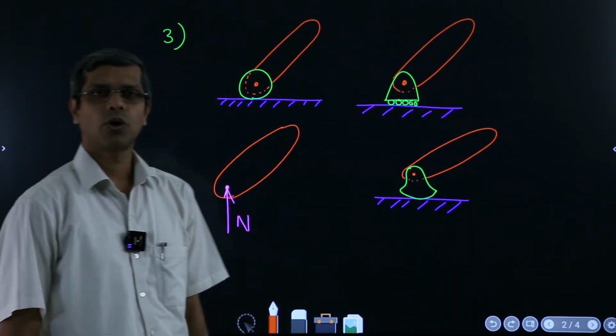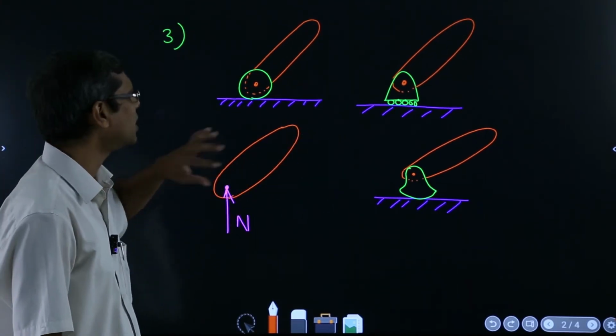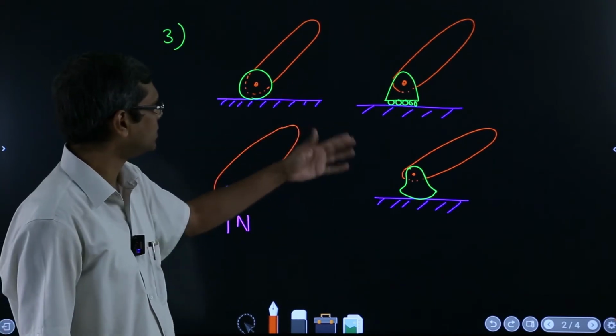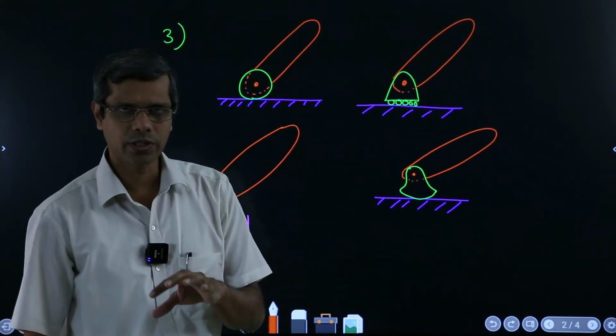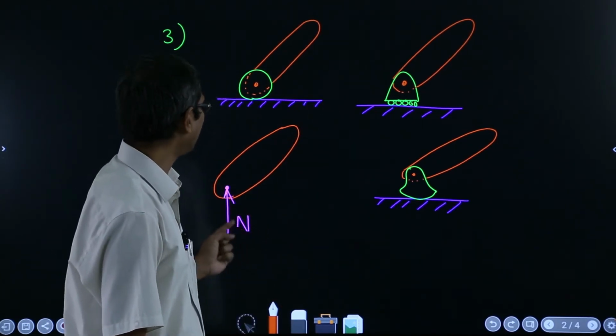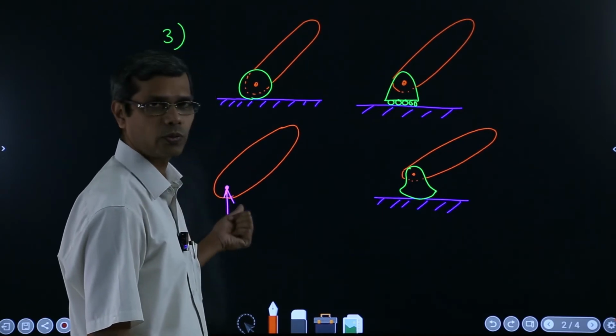So all these things are different types of roller supports. These are not the only types, but some representative types which I have shown here, so that when you see any of these in a picture which represents the actual physical condition, you will have to replace it in the free body diagram with this force.